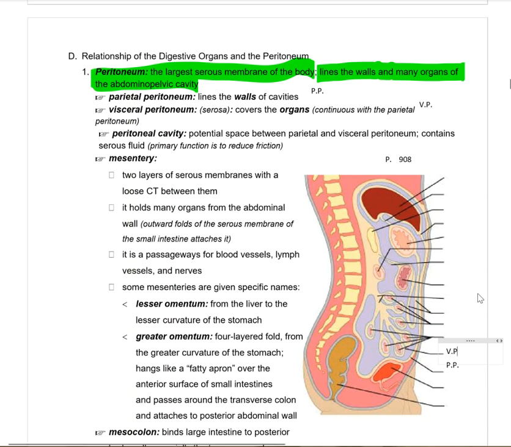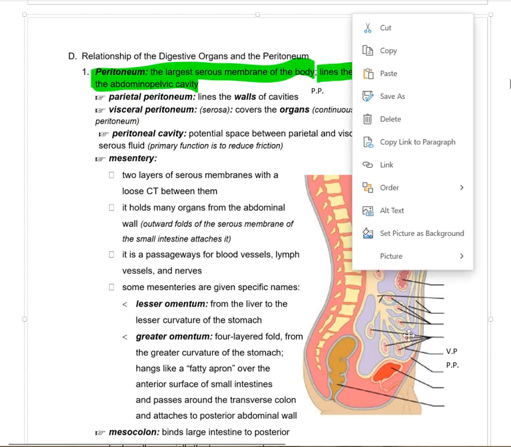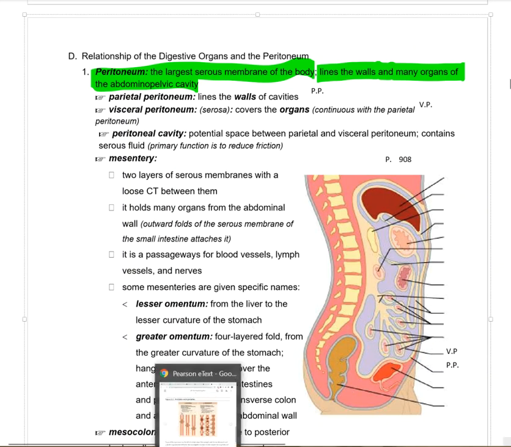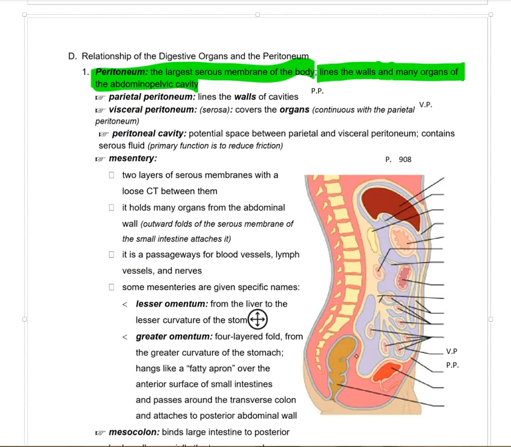And in this case, it looks like it's showing us covering some of the small intestine parts. Okay, so the whole lining, the whole parietal peritoneum goes, here I'll use my little pointer, right here, all the way down and around, and then it doubles back and now it becomes visceral peritoneum for all of these things. And it does that in all the organs, okay?